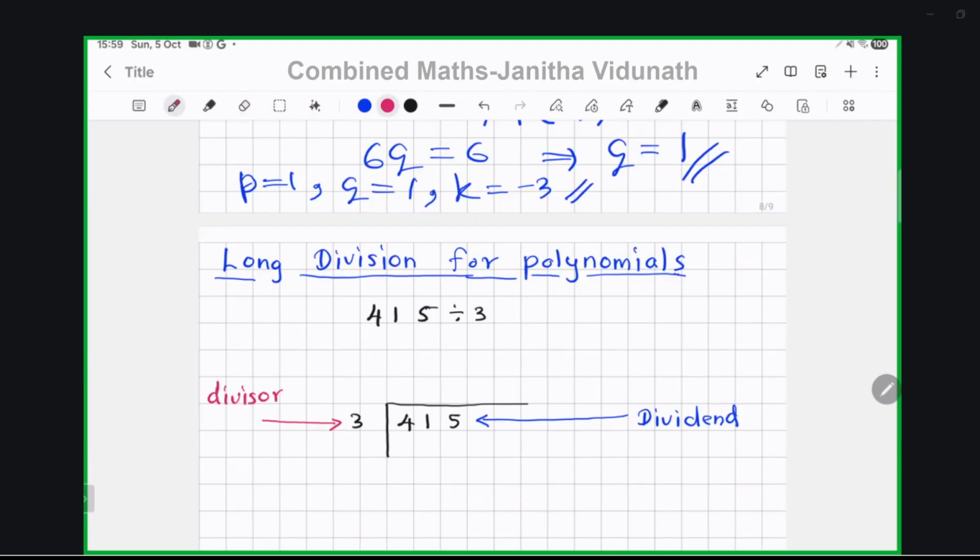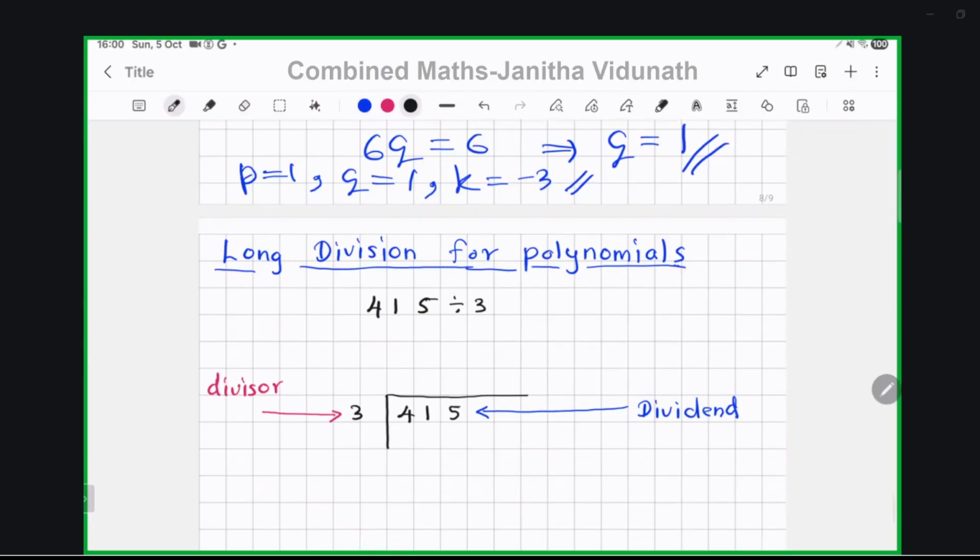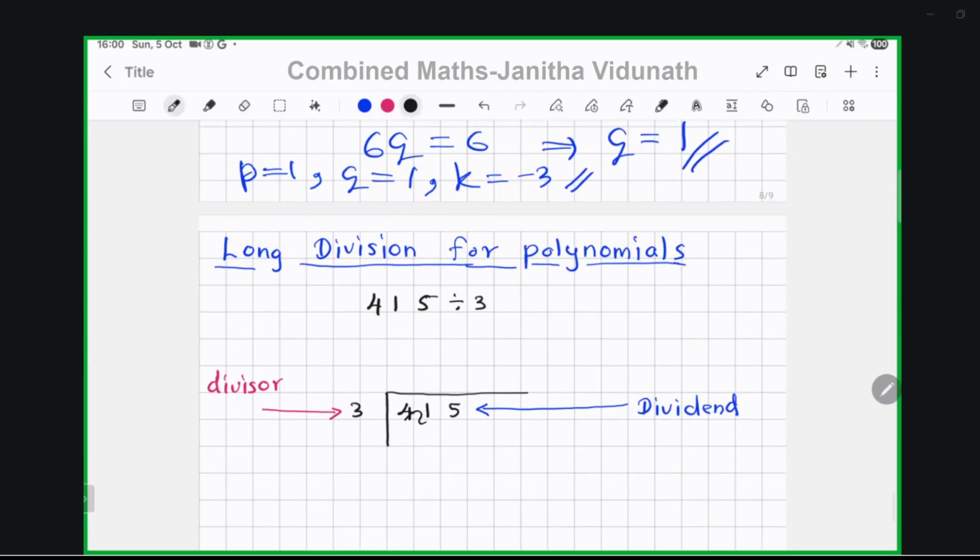Okay. Now we are going to divide this number by 3. Then we use those steps to develop an algorithm to divide polynomials with long division. Here, first we compare the first number of the dividend and the divisor.